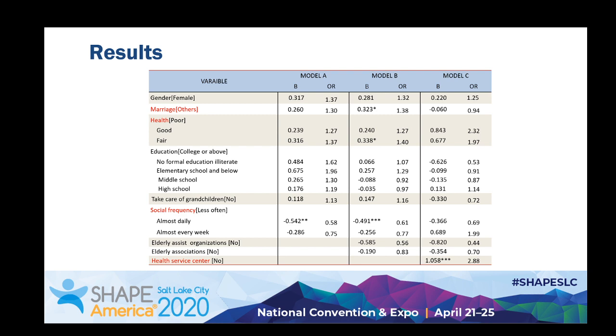The independent variables are included in the model by the method of hierarchical inclusion. With the incorporation of independent variables, the degree of interpretation of the dependent variable is increasing. The results show that marriage, health status, social frequency, and the factor of the elderly care service center were significantly affected by the model.